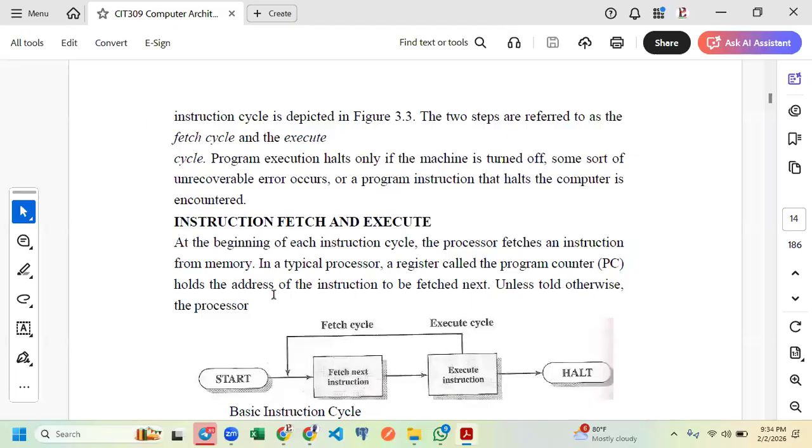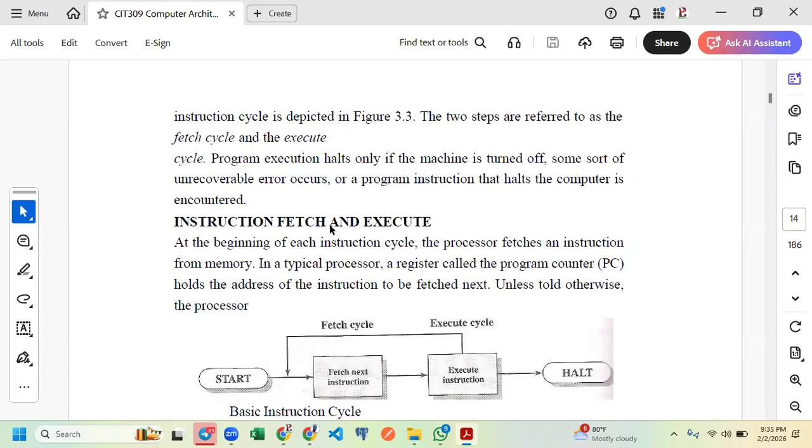That's what they're trying to say. So when a program is in execution and you turn the system off for one reason or another, an unrecoverable error occurs, or a program instruction that halts the computer is encountered.